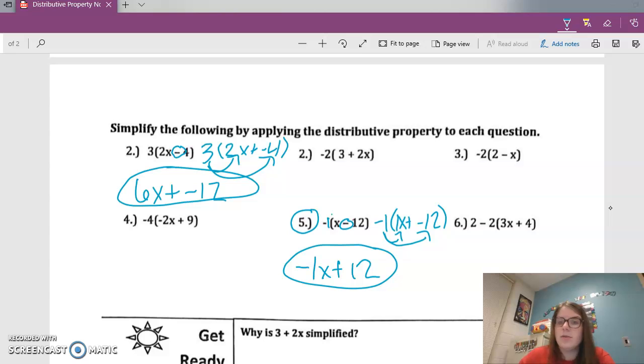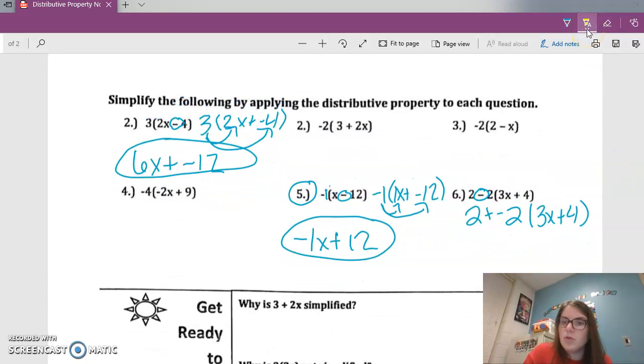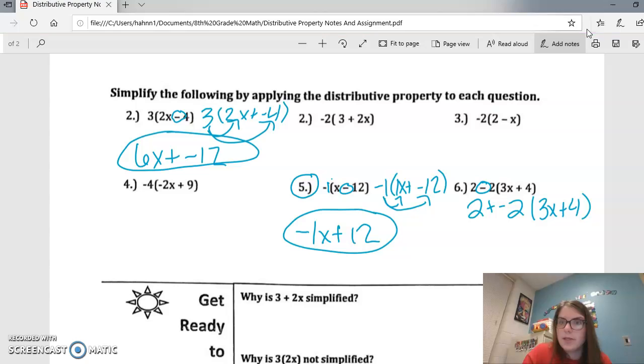All right, the last one we're going to do over here. If you want to try this one by yourself, you can first. I have subtraction out here, so I need to keep change out here, but here I do not have subtraction, so I do not need to keep change. So I'm going to have 2 plus a -2 times 3x plus 4. Following order of operations, I have to do this part first, so I'll circle it.